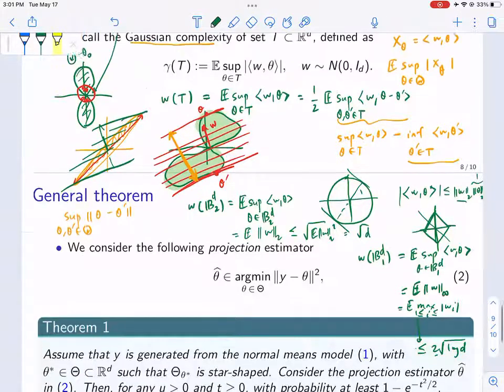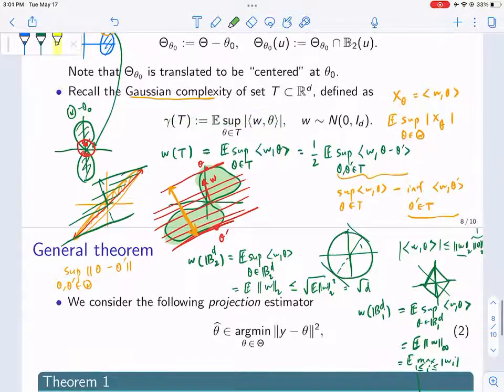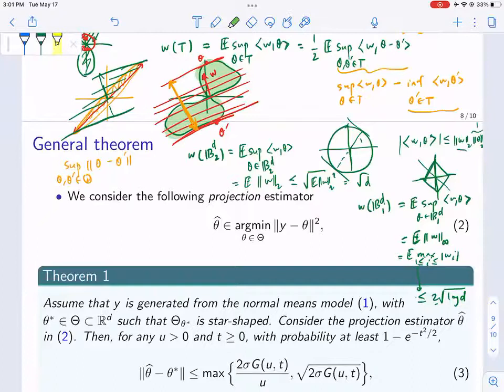Okay, sounds good. And once you understand this, this is something close. What does this mean? It means that this is a much smaller set on average.